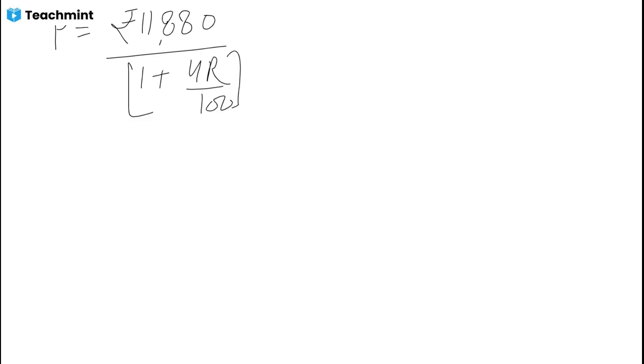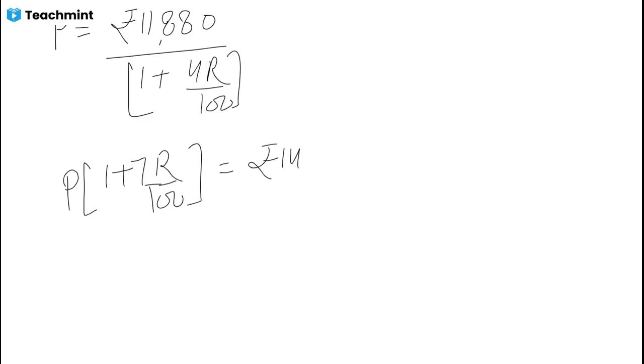Now we'll use it in the second condition, that is P in bracket 1 plus 7R over 100 is equal to rupees 14,040. So here let us put the value of P, this entire value, here.